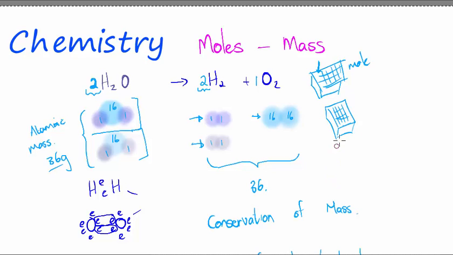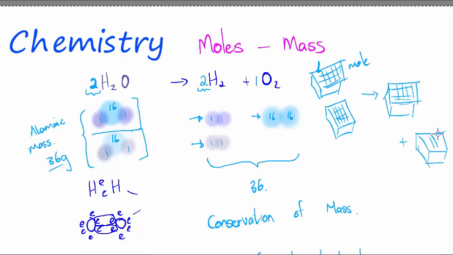Agree? Yes. And if I have 2 of them, on this side I will have a box, same size box, 6 times 10 to the power 23, and another box. In this one I'll put my hydrogens.